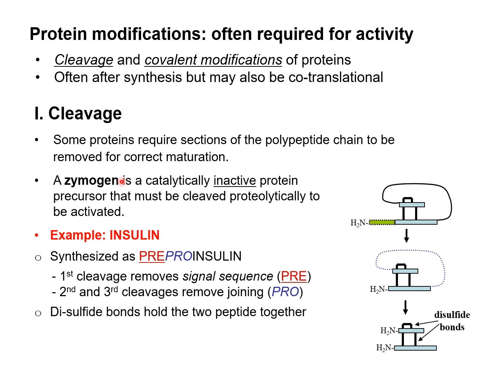An example of a zymogen and cleavage modification would be insulin, where this shows a really simplified structure of the protein. First it is synthesized as pre-proinsulin, but with the first cleavage, which removes the signal sequence at the N-terminal region of pre-proinsulin, it becomes proinsulin, but it's still inactive until the second and third cleavages happen, which remove the joining region of these 2 polypeptides.